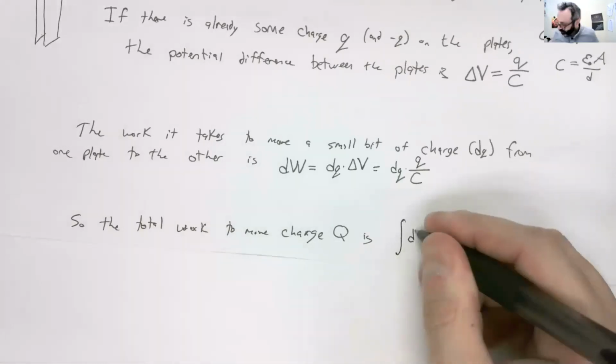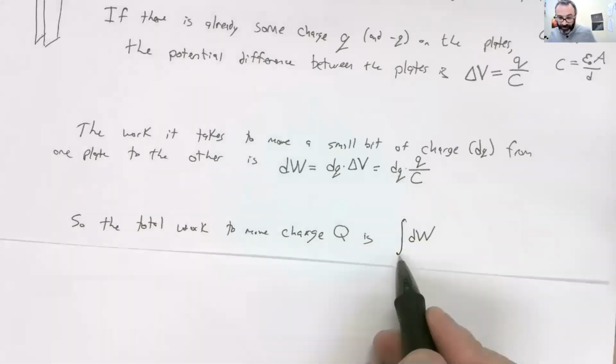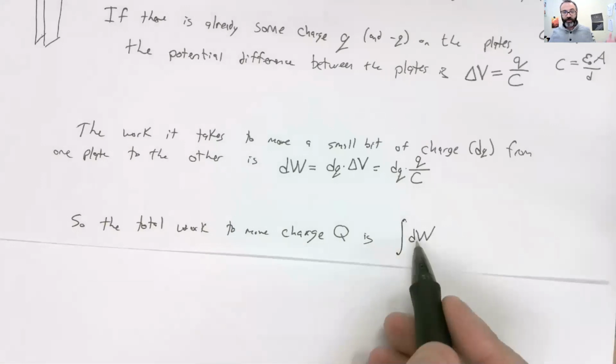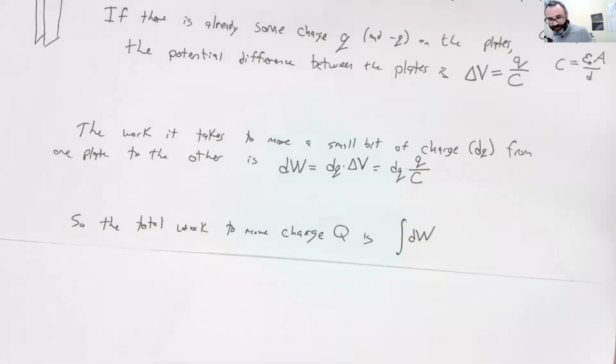So the total work we're looking for is just the integral of dW, the sum of each little piece of work it takes to move each little piece of charge from one plate to the other. And it has to be an integral because every time we move a piece of charge, the charge on the plate is different, and we have a different potential difference, so it's going to take a different amount of work, more actually, to move that next piece of charge.